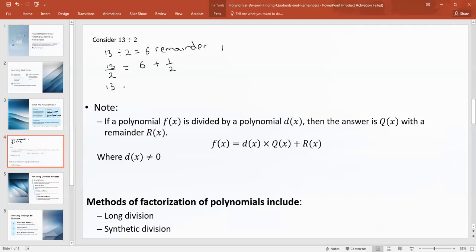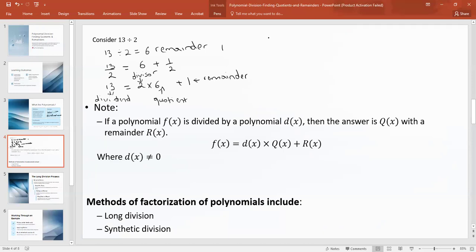So 13 will be equal to 2 times 6 plus 1, whereby 13 is what we call the dividend, 2 is what we call the divisor, 6 is what we call the quotient, and 1 is the remainder.